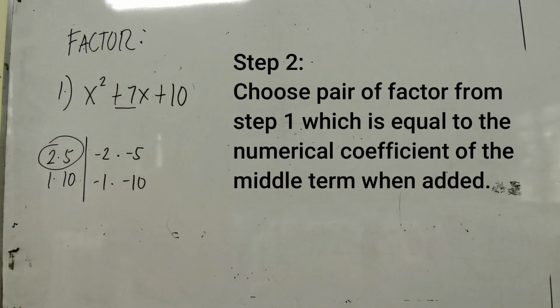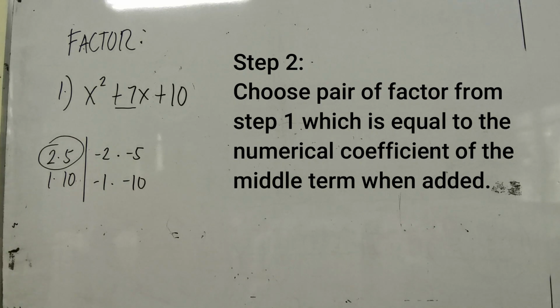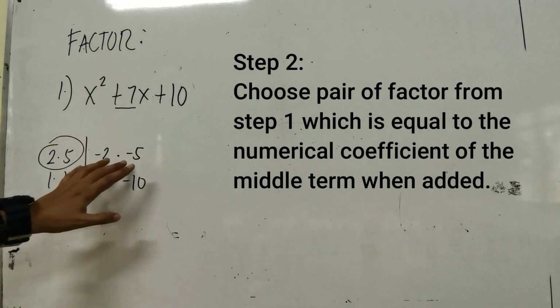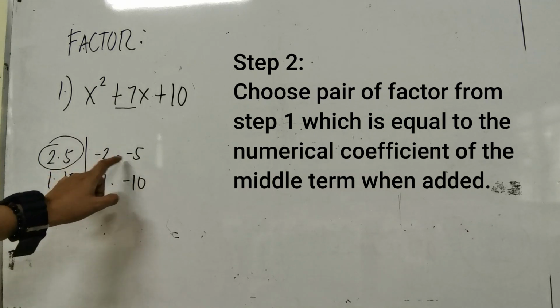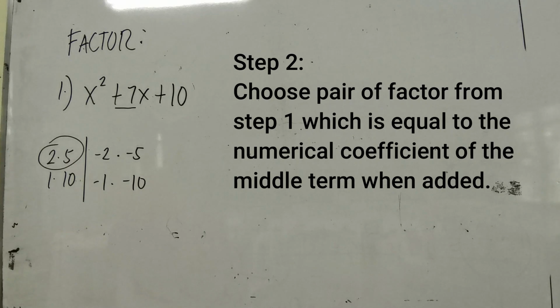Pero bakit hindi yung pangalawa? Kasi yung pangalawa nating factor is 1 times 10. Or, pag inadd natin yung factors na yan, that is equal to 11. So, hindi yan yung hinahanap natin. And then, ito naman, pag inadd natin, that is negative 7. Then, ito ay negative 11. So, ibig sabihin, ito ang ating kukunin na factor, which is 2 times 5.